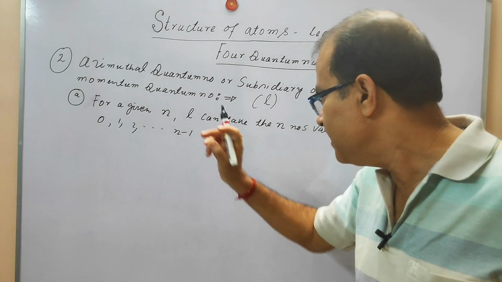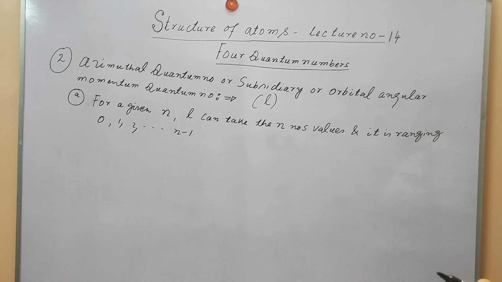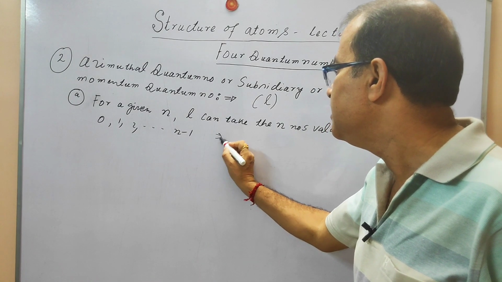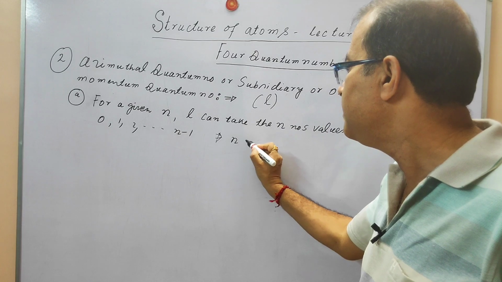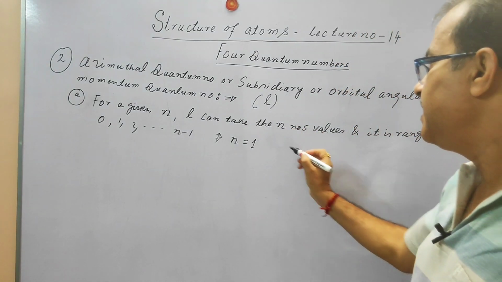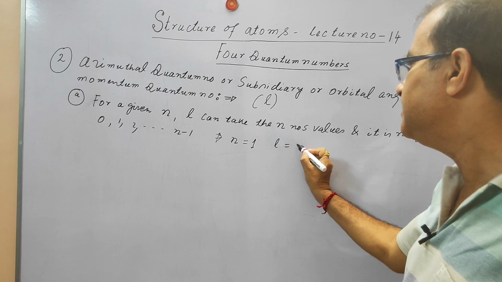For a given n, l can take n number of values, ranging from 0 to n minus 1. That means you can see, if n is equal to 1, then l will have one value, that is 0.